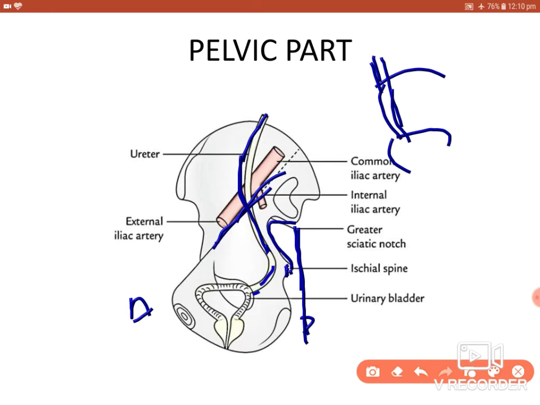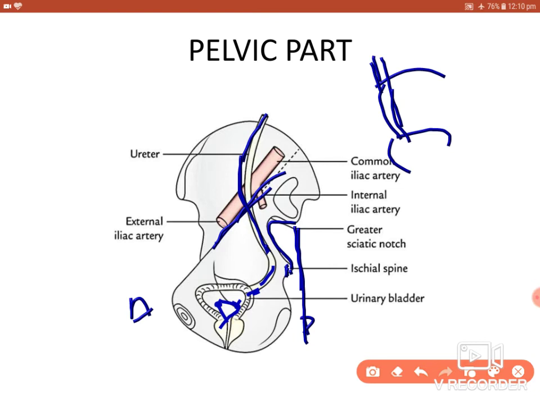Then it pierces the bladder wall and opens into the lateral angle of the trigone of the bladder as the ureteric orifice. So that is the course of the pelvic part.